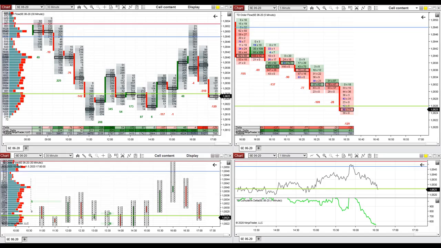Let's see what happens next. There are selling imbalances. Delta is dropping. More sellers jumping in.